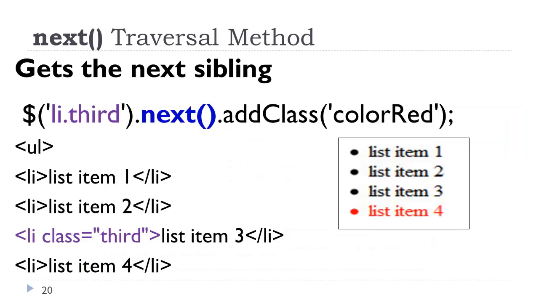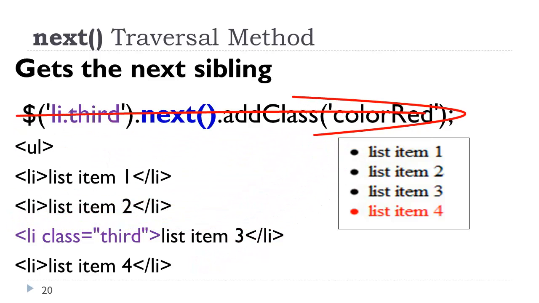The next method here, again, is commonly called a traversal method. Next gets the next sibling, or the next sibling of a certain type, if a type is passed as a parameter in the parentheses. Let's take a look at our HTML. Here's our unordered list. We have 4 LIs. The third LI has a class equals third.